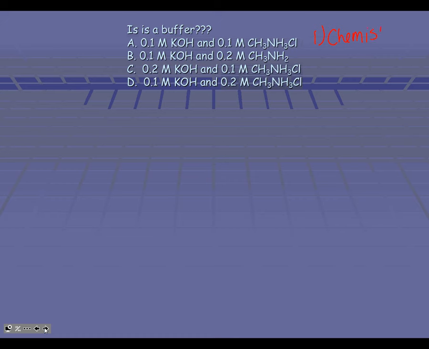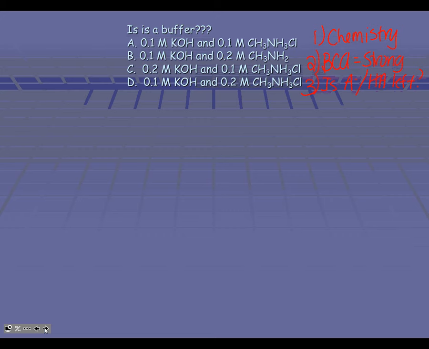What's going to react with what? And then we're going to do our BCA because we've got a strong base. And lastly, is there HA and A minus left? Do we have any of the buffering components left? If we have both left, then it's a buffer. No HA, not a buffer.